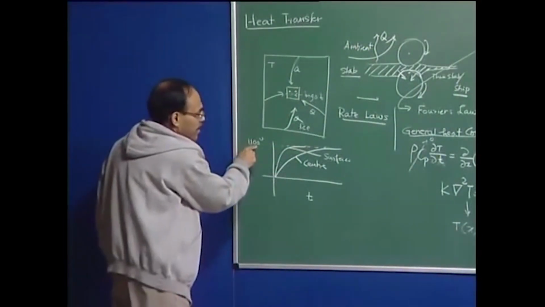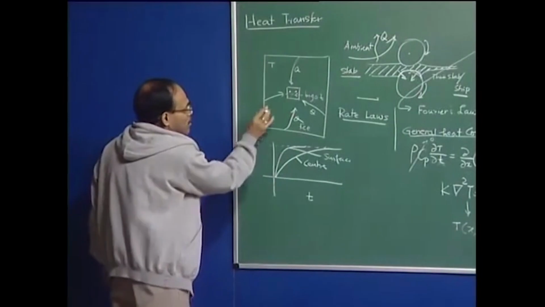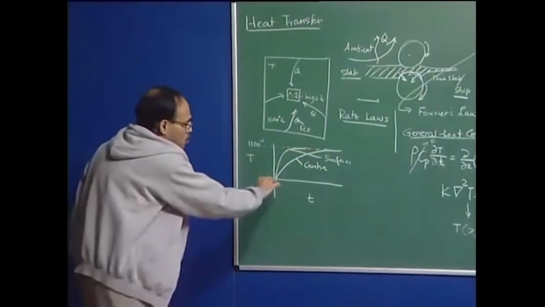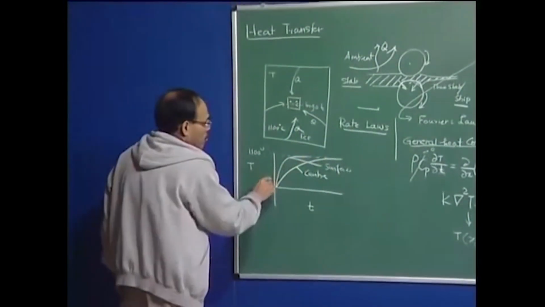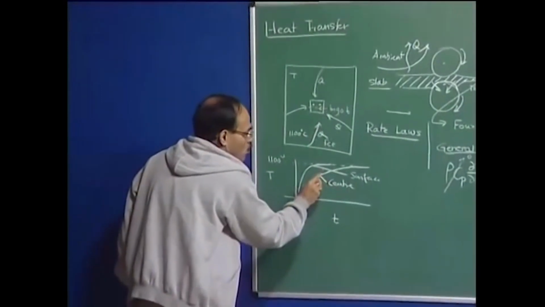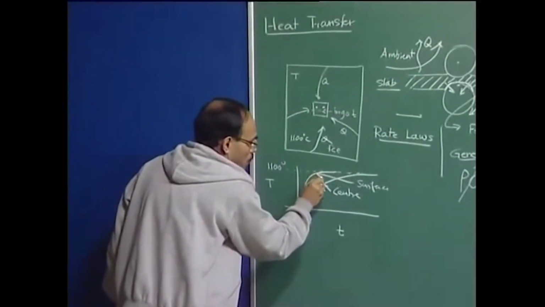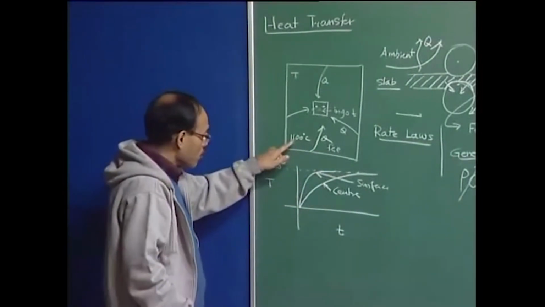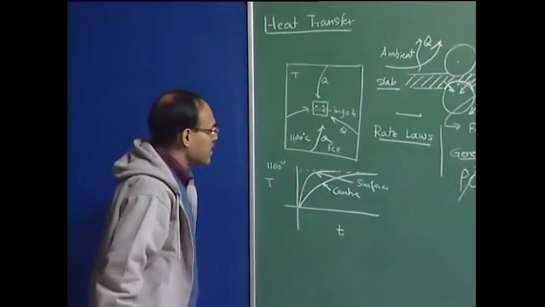the desired reheating temperature, which is the equilibrium temperature, which is the furnace temperature actually. So, the surface is going to attain that uniform temperature quite rapidly. On the other hand, the center is going to attain the reheat temperature, or the equilibrium furnace temperature, at a much later stage.